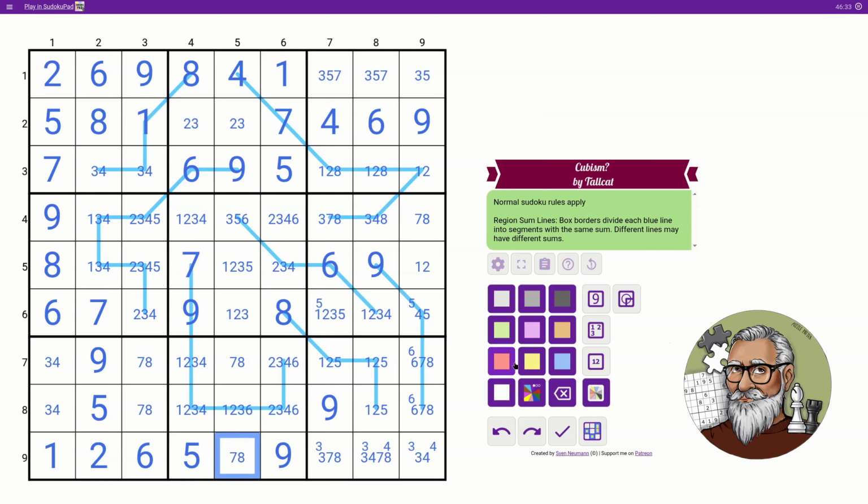Okay, well, let's see. Whatever it is, it has to be here. This one is the other color. It has to be there, right?